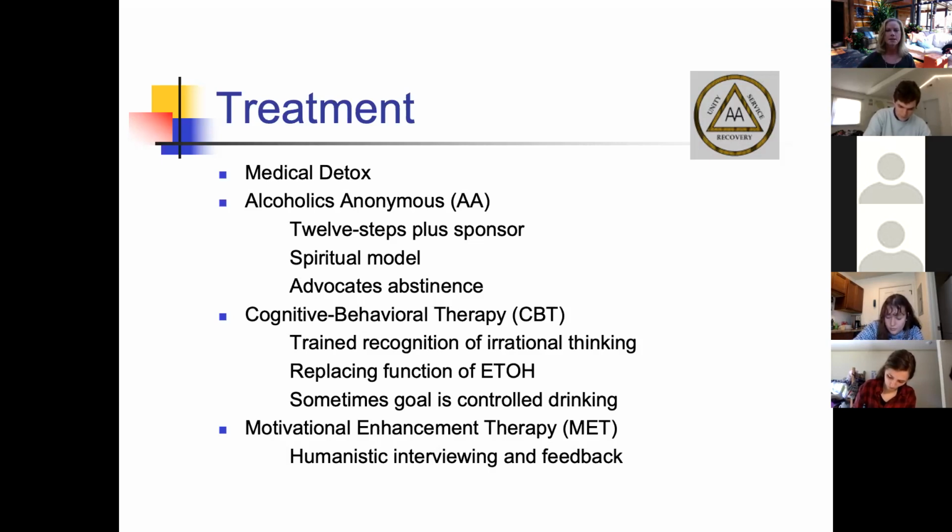Okay. The cognitive behavioral therapy, in this type of model, they think a lot about how irrational thinking leads to substance use and substance dependency. There's a lot in CBT where we're trying to replace the function. This is ethanol, which stands for alcohol, replacing the function of the alcohol.